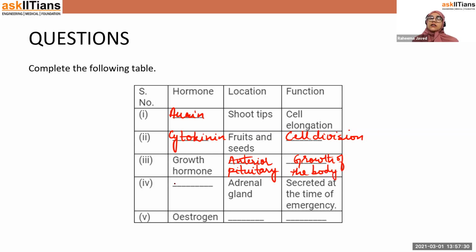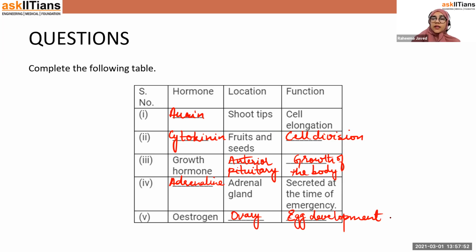The hormone that is secreted at the time of emergency will be adrenaline. Estrogen is secreted from the ovaries, and it will bring about egg development.